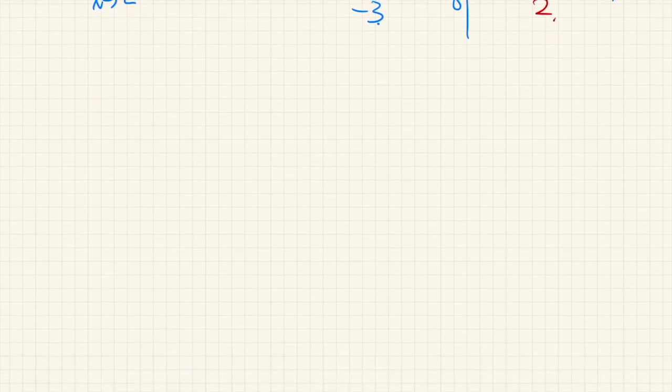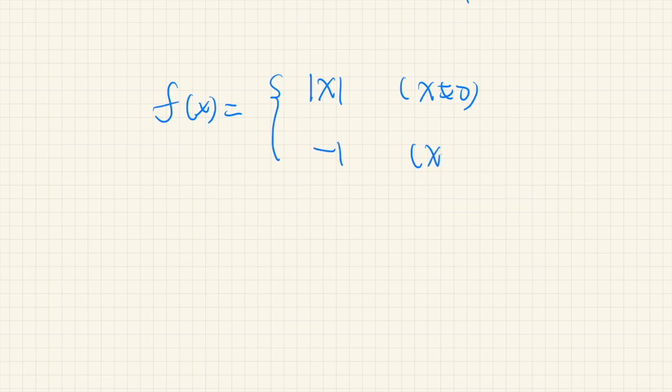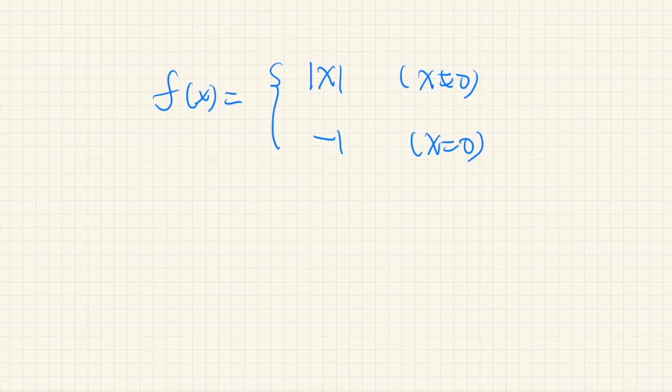And next example, suppose we have this function f of x that is absolute value of x if x is not 0 and equal to -1 if x is equal to 0. So if you plot this function, it looks like this.